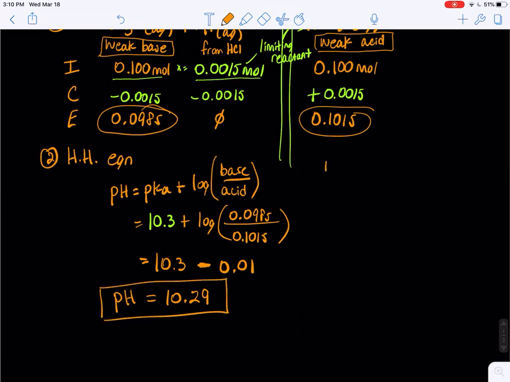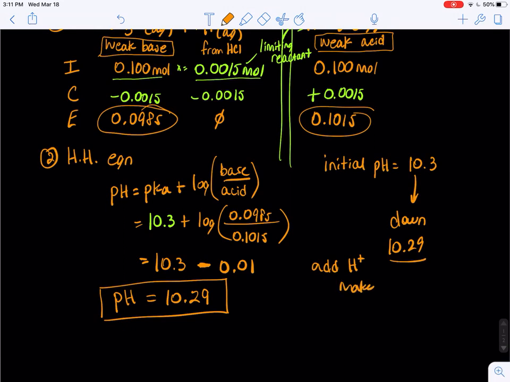The initial pH, I didn't do the math, but the initial pH is equal to 10.3, and it went down to 10.29. And so if you add acid, the pH is going to drop, which is more acidic. Okay? So it's going to make the solution more acidic. More acidic means lower pH.